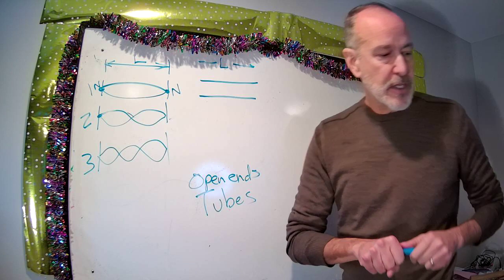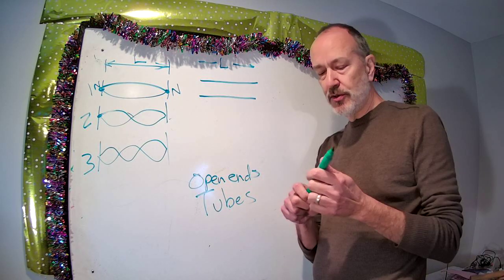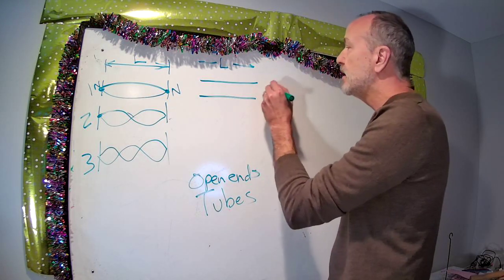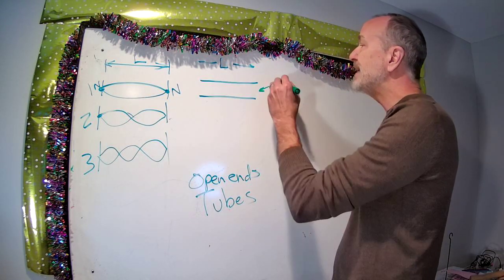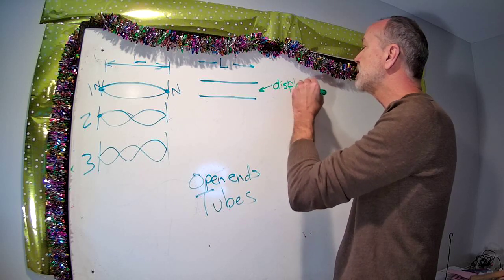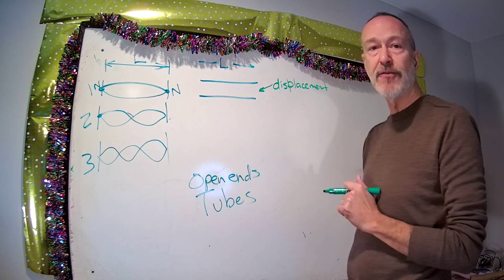So if we're looking at drawing a standing wave in a tube, there's 2 ways of looking at it. One is displacement. And these things can move freely back and forth.